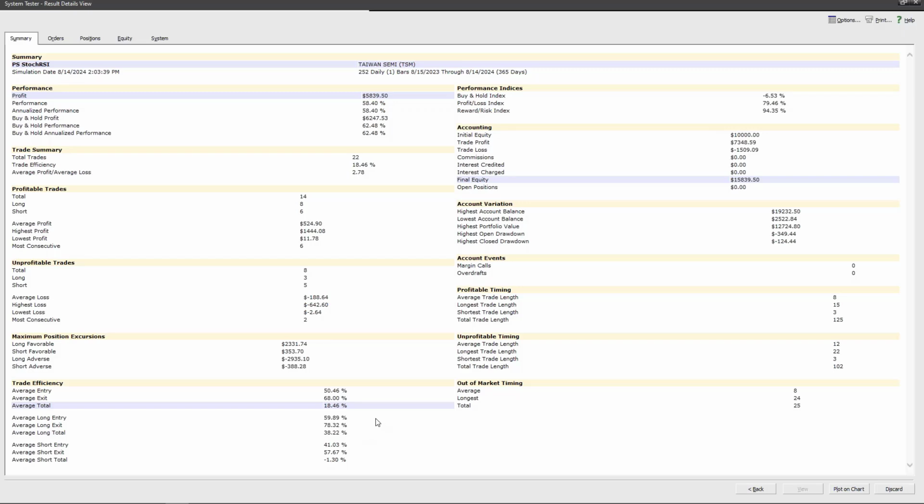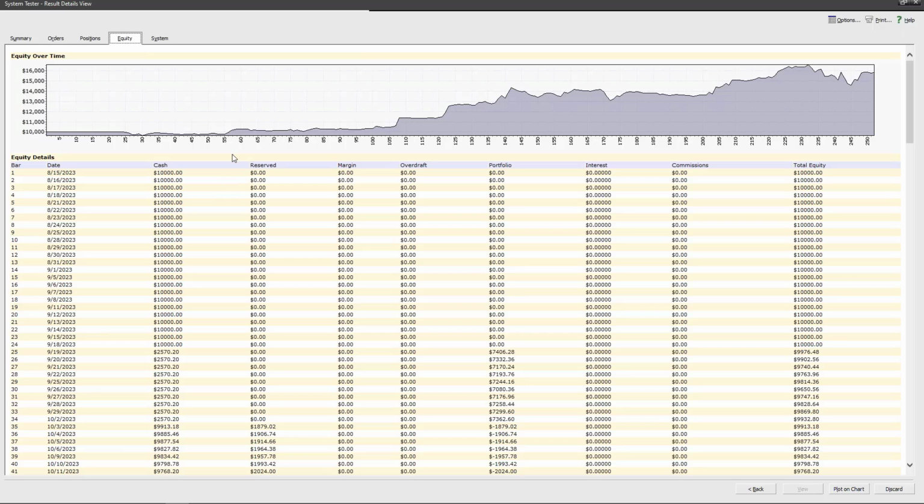We can get a lot of really good information. We can look at that in an equity format so we can see what our equity line would have looked like over time. What we want to do is find something that works well for what we want to do, and that could be very different depending on how much time you have to trade. All that really plays into this.